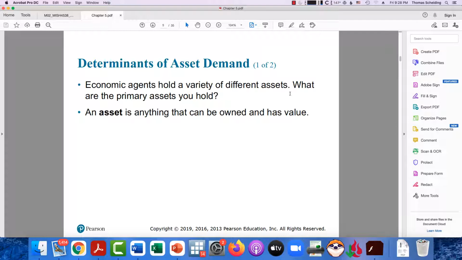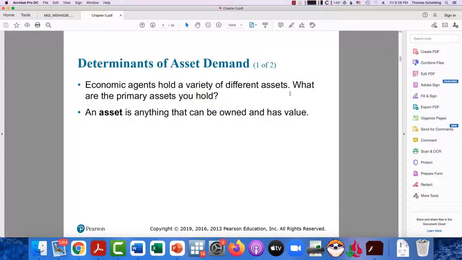And that is true, and that may make it a bad asset, but it is an asset nonetheless. A phone could be an asset. A computer could be an asset. Your investment in your college education is an asset because you own it, and it obviously has some value.